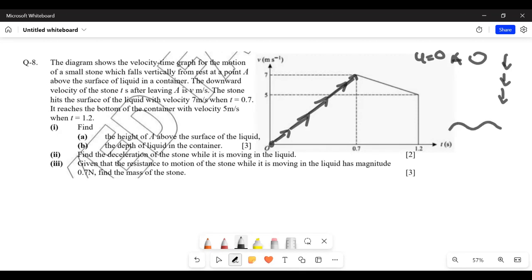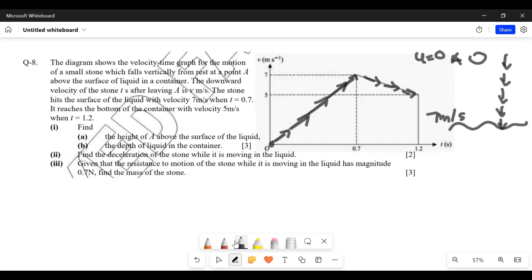So somewhere here is the liquid; before that the speed is increasing and it reaches 7 meters per second. Now, since it has entered the liquid, the speed starts to decrease and it stops at 5. At 5, it must hit the bottom.